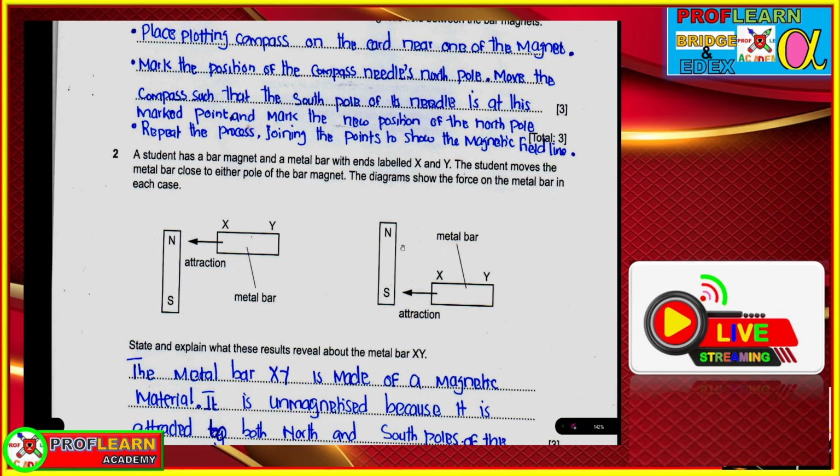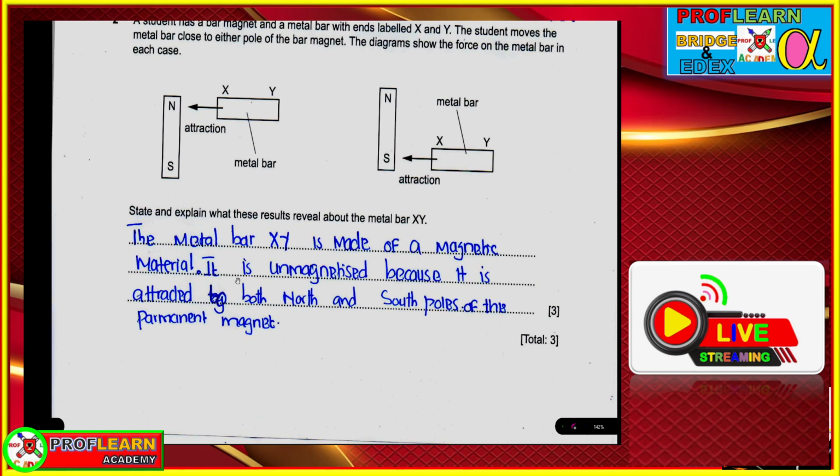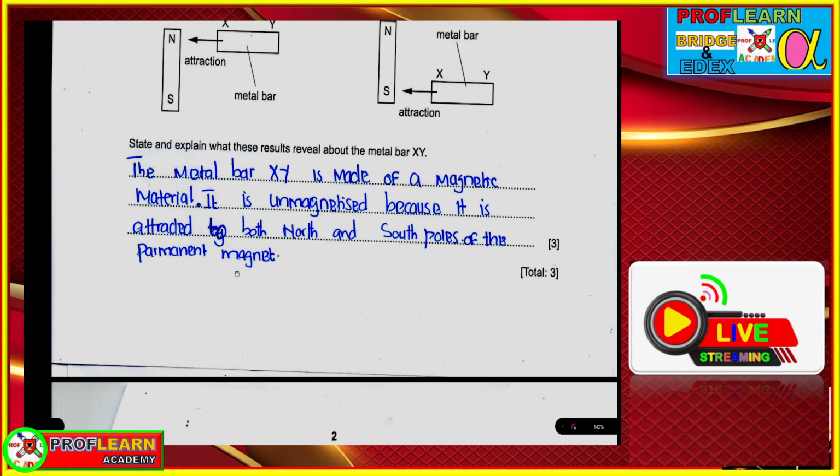That means this metal bar is not a magnet, because one pole would be repelled if it was a magnet. But since X is attracted to both the north and the south, this is a magnetic material. So we can say metal X is made of a magnetic material, which is why it's attracted by both the north pole and the south pole.